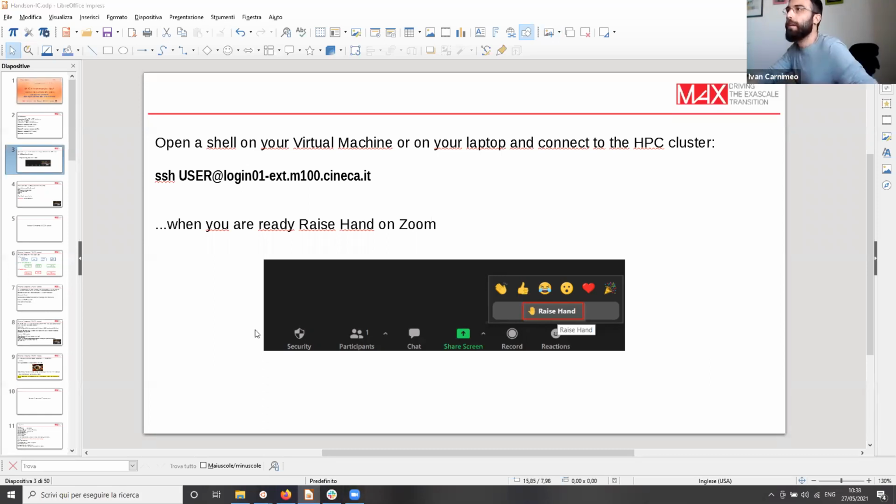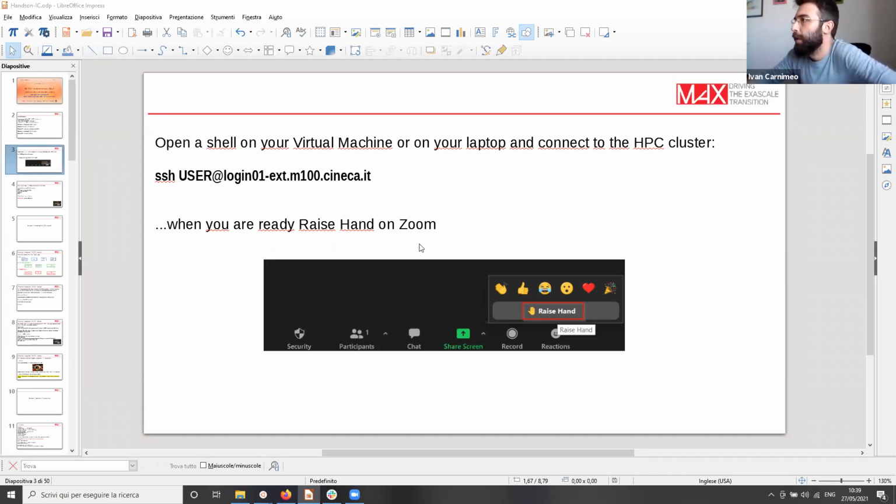Okay, now I have the window here. So let's check. Please connect to the cluster with SSH, with this command here.